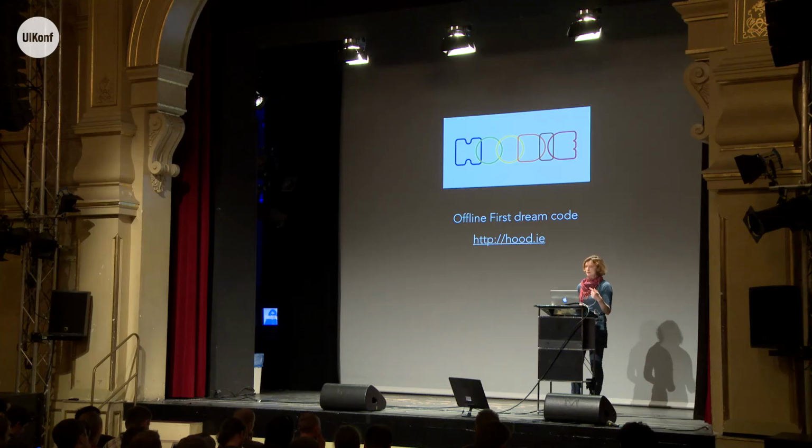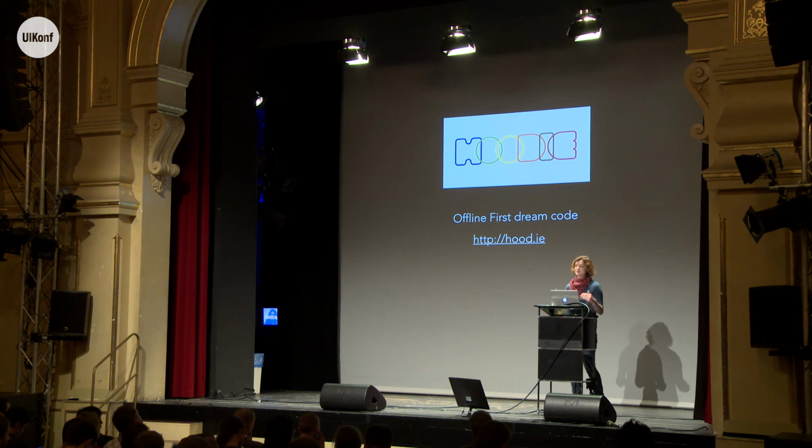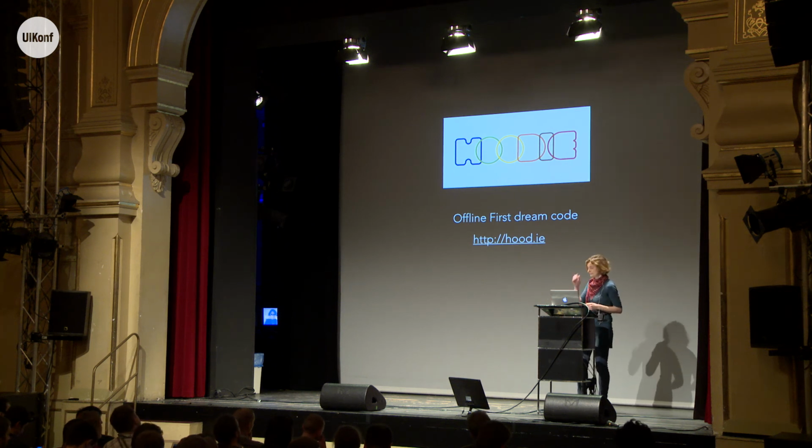And they also found people who could make the Dreamcode come true. They created Hoodie with all the cool stuff. It's open source. You can deploy it anywhere you want. It's offline first, meaning your data is stored locally first and synced on demand to the server. And it won't make your Node.js developer cry if you need help, because it doesn't hide what it is based on.